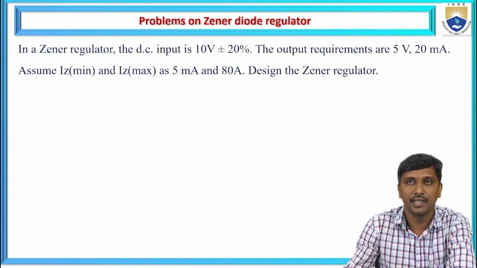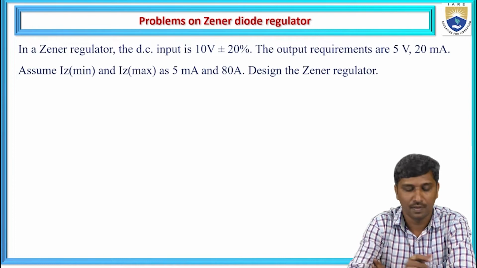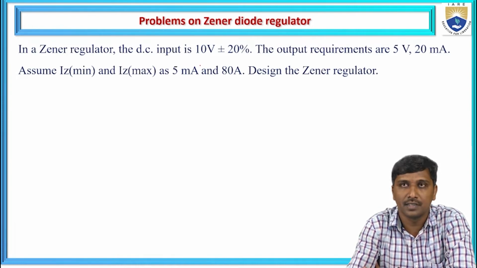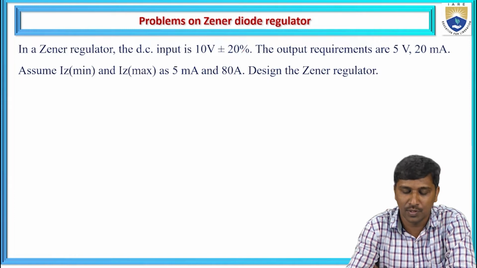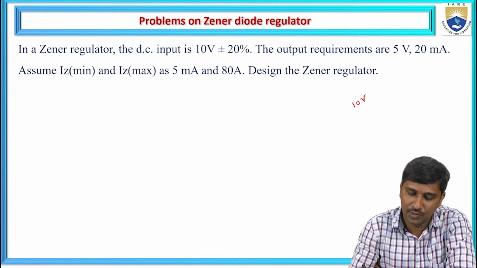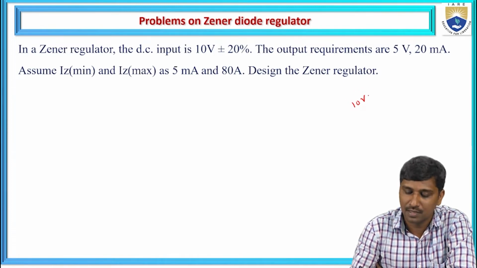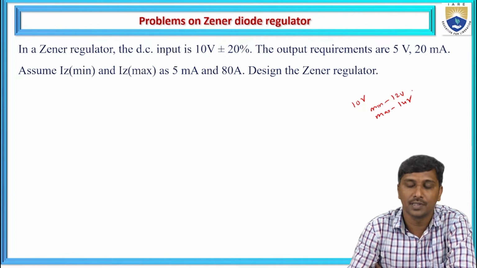Now let us see another problem. In a Zener regulator, the DC input is 10 volts plus or minus 20%, meaning the tolerance on the input voltage is 20%.